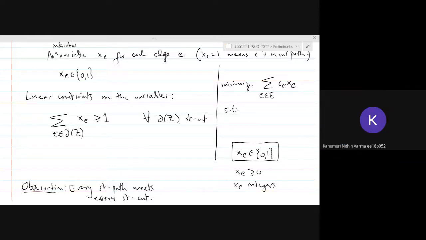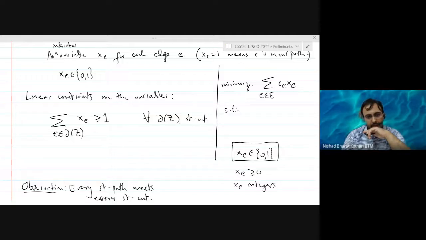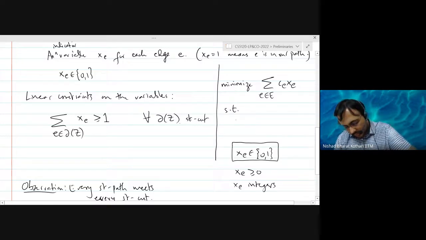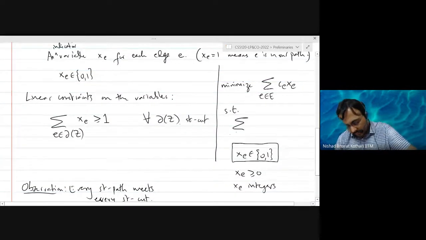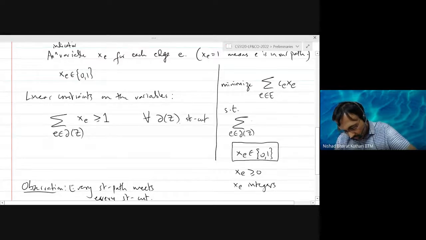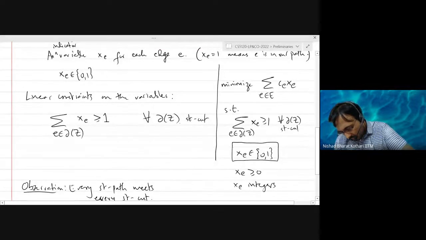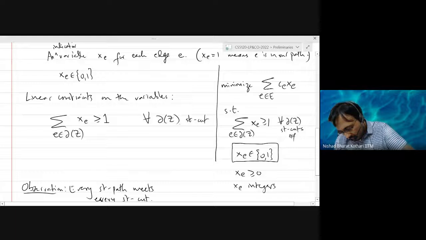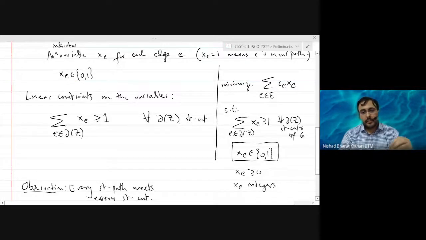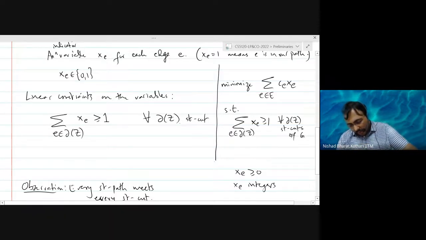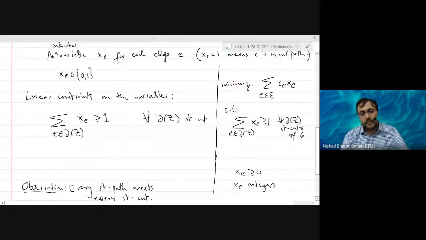Yes. In particular, observe that if I just put these constraints, so let's put this constraint down here. If I just consider these constraints, is this feasible?